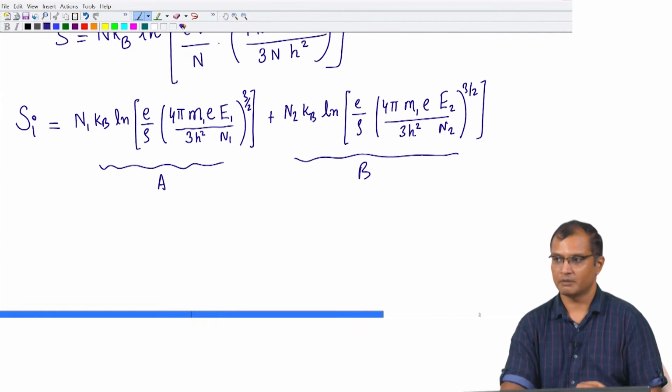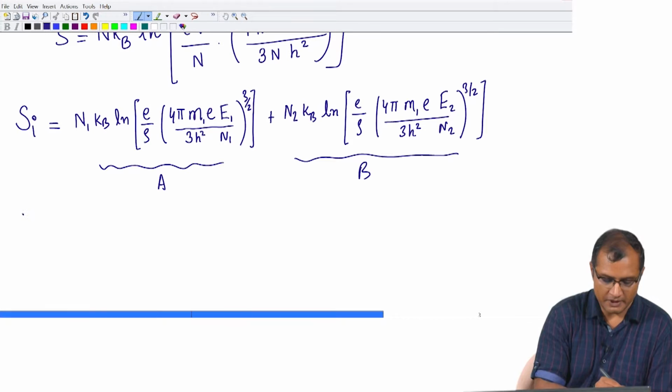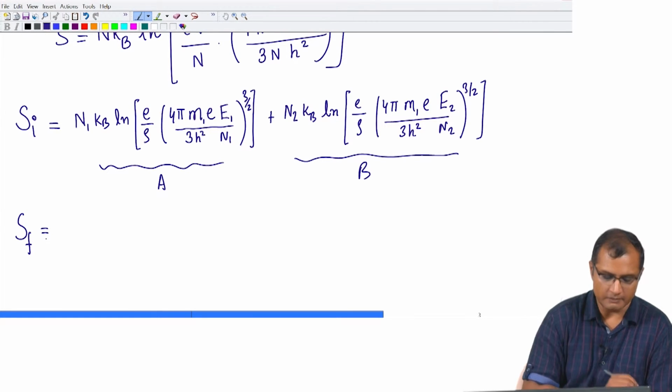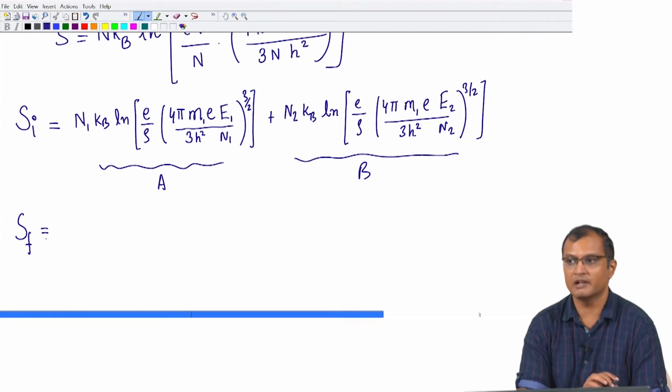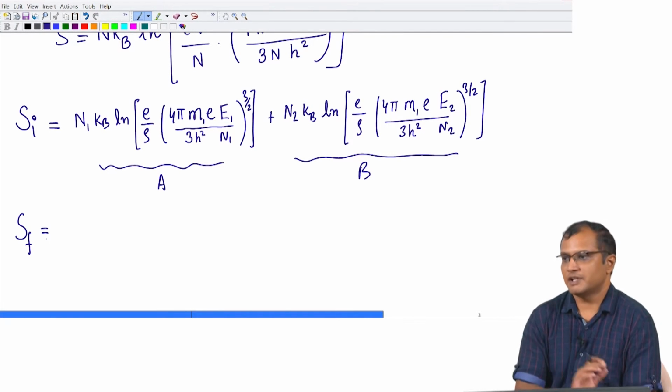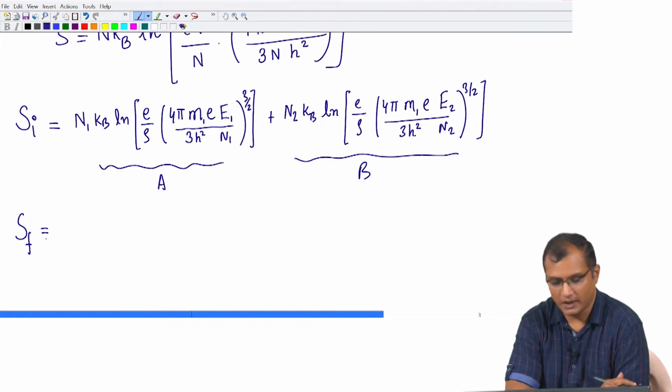Okay. Before we open the shutter. After we opened the shutter and waited for a very long time, so the final entropy becomes, now you have N1 plus N2 sitting in volume V1 plus V2. Okay.